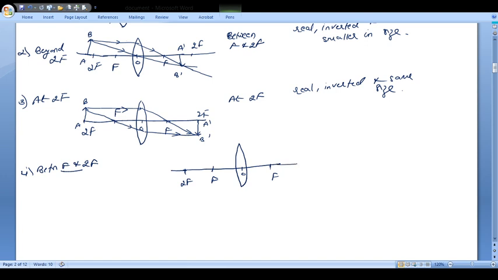Now see, between F and 2F, if you have an object here, a ray parallel to the principal axis will pass through the focus. So here you find that it is passing through the focus. Now another ray through O will go undeviated. I can use this ray and it will go straight up like this.